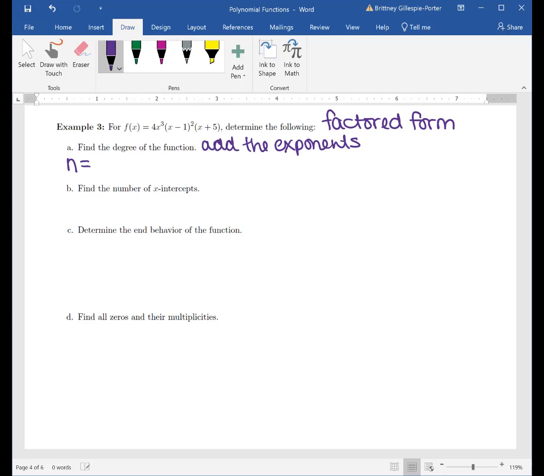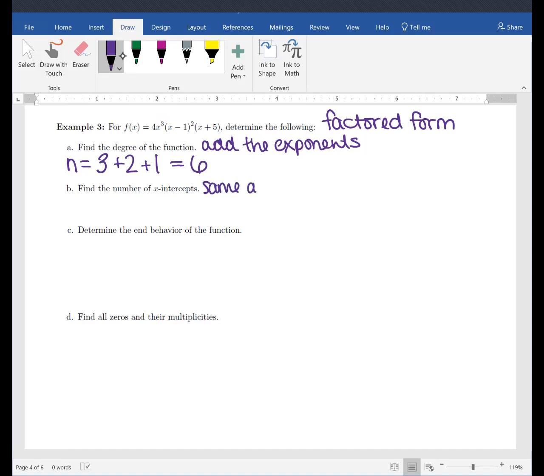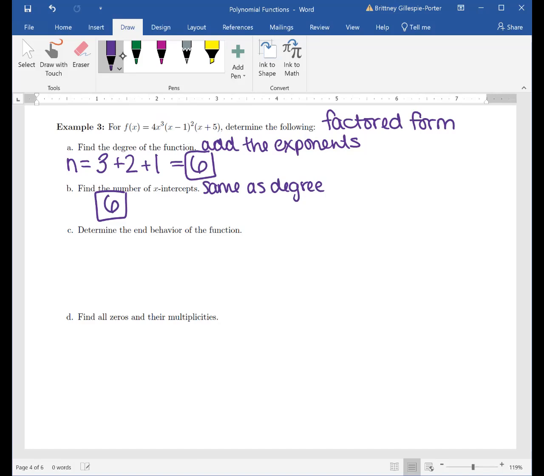Here, we would need to add 3, 2, and the imaginary 1 on the x plus 5. So 3 plus 2 plus 1 gets us 6. The degree of our factored form is 6. The number of x-intercepts is the same as the degree. So our number of x-intercepts is also going to be 6.